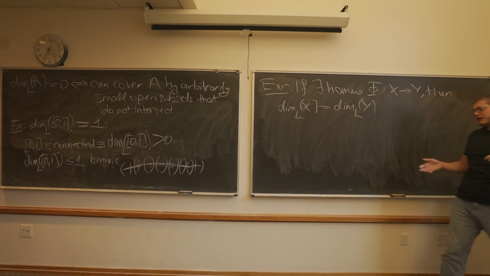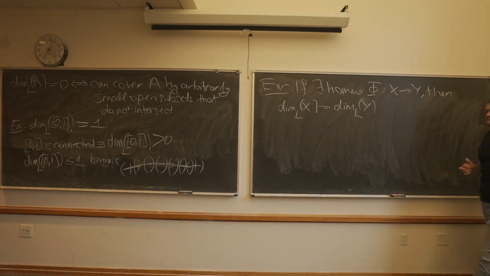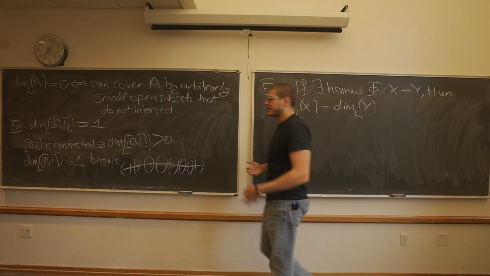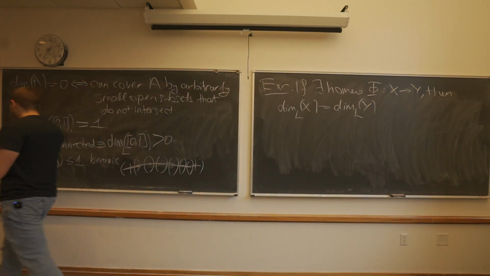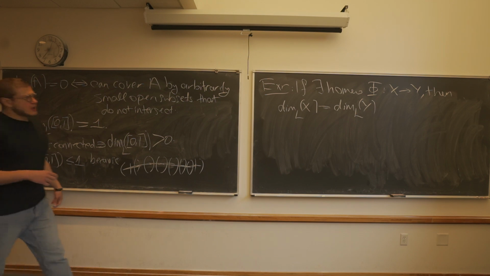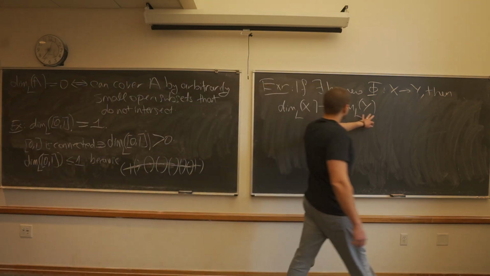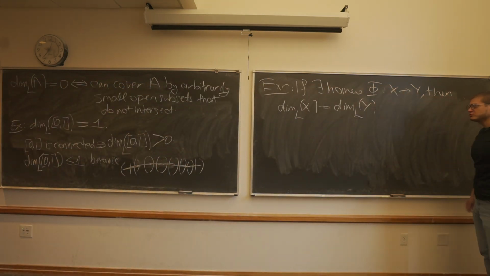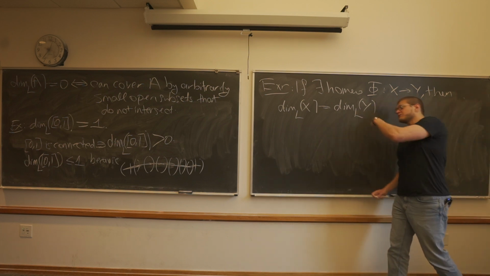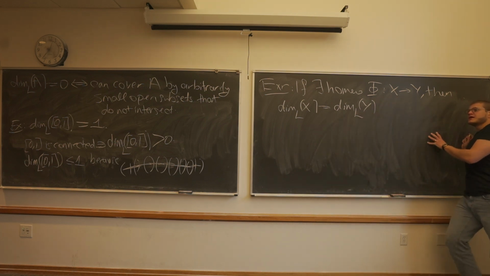This doesn't work the other way around. That is to say, you cannot just deduce that two spaces are homeomorphic, that there's a homeomorphism from one to the other one, purely based on the information that they have the same dimension. That is not true.